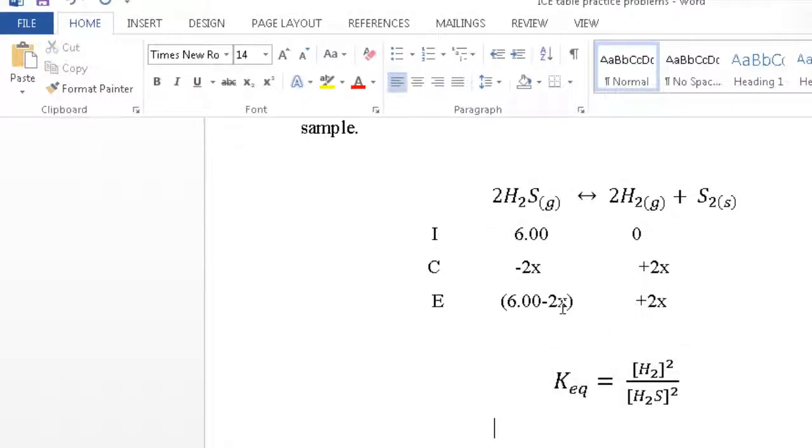So we're going to plug in our equilibrium concentrations because this only equals the equilibrium constant when you have equilibrium concentrations. So we're going to plug in 6 minus 2x as the equilibrium concentration of H2S gas, and we're going to plug in 2x as our equilibrium concentration of H2, and we're going to solve for our change x, and that will give us our final equilibrium concentration.